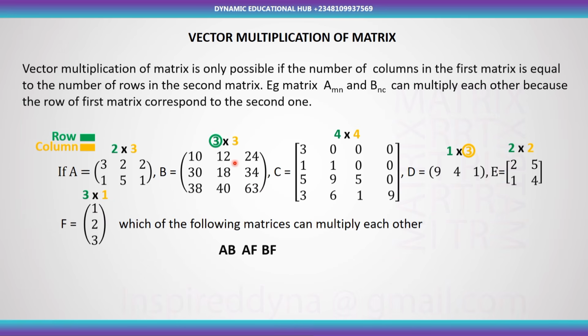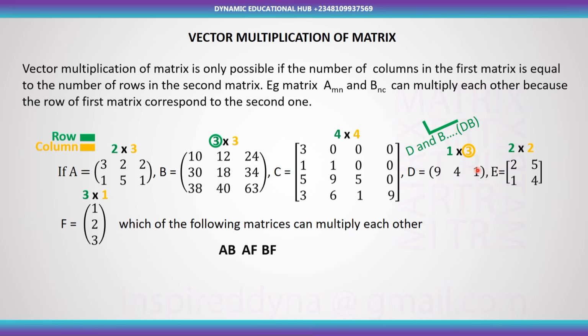Let's check for B and D. Sorry, I said B and D. Yes, D and B. Now for D, the column here corresponds with the row of B. So which means D and B, DB. Don't forget, for the first matrix, the column must be the same as the row of the second matrix.